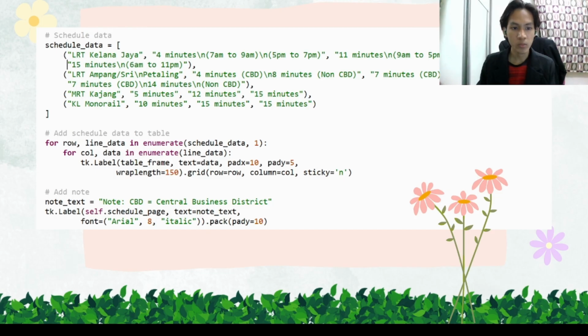To summarize, the code will create a neatly formatted schedule page with a title, a table layout with proper header, train lines and their frequency info, and then a helpful note for a better understanding of the terminology here.